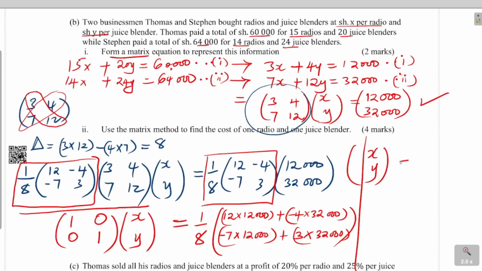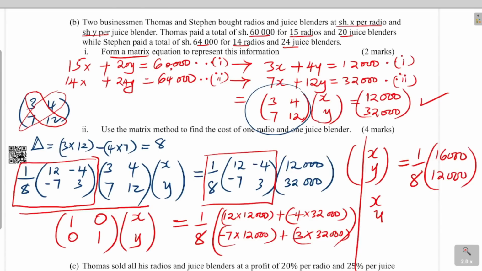Doesn't change anything. Then for this part, you remain with 1 over 8. When you add 12 times 12,000 plus negative 4 times 32,000, that will give 16,000. And then the bottom, negative 7 times 12,000 plus 3 times 32,000, will give 12,000.